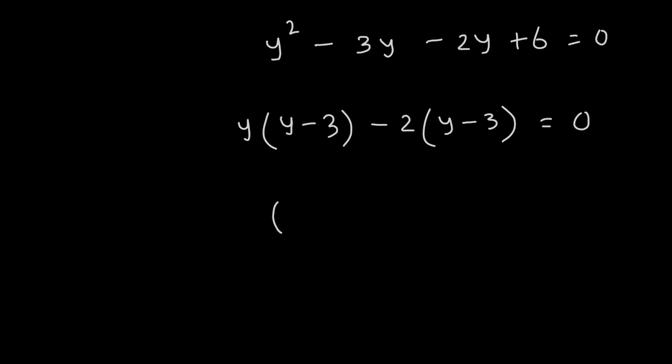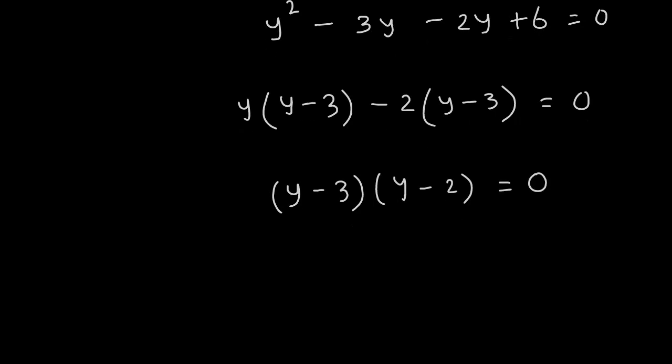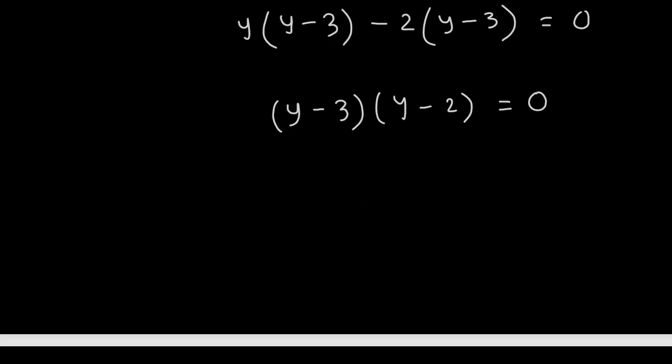From here we have y minus 3 times y minus 2 equals 0, which gives us the value of y as 3 and 2.